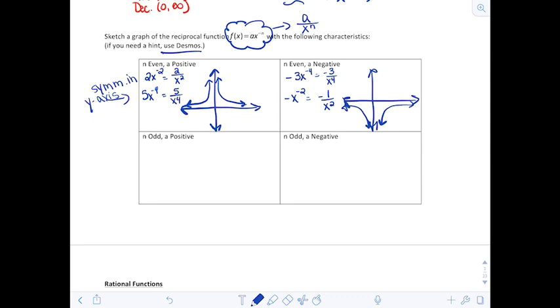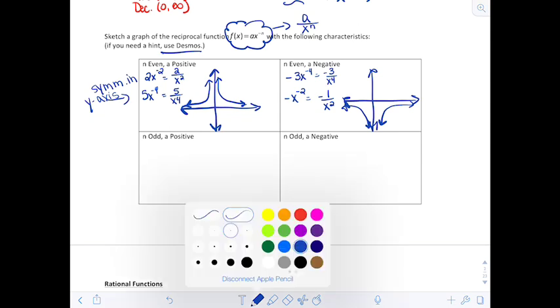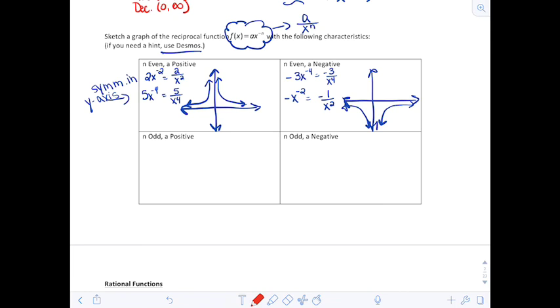Okay, then let's characterize n being odd. So if n is odd, and a is positive, let's go with just x to the negative third, and maybe we'll go with 5x to the negative fifth.